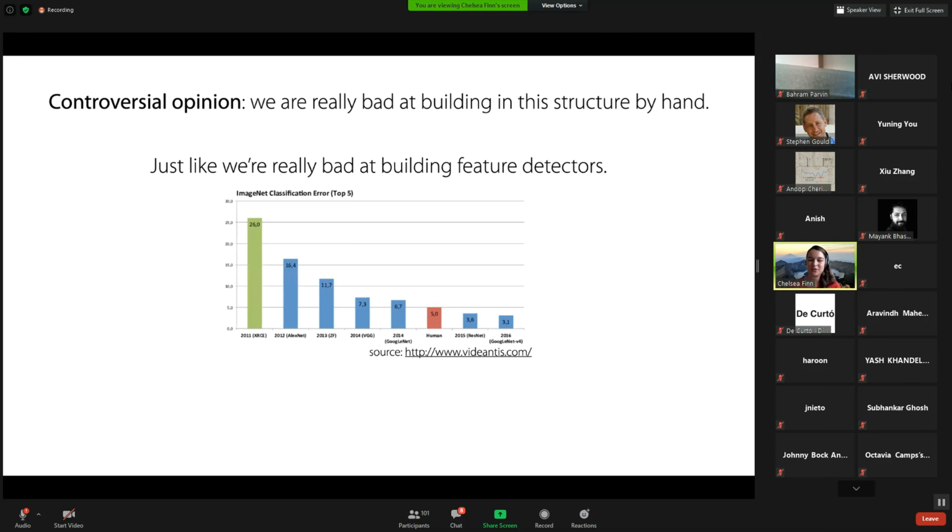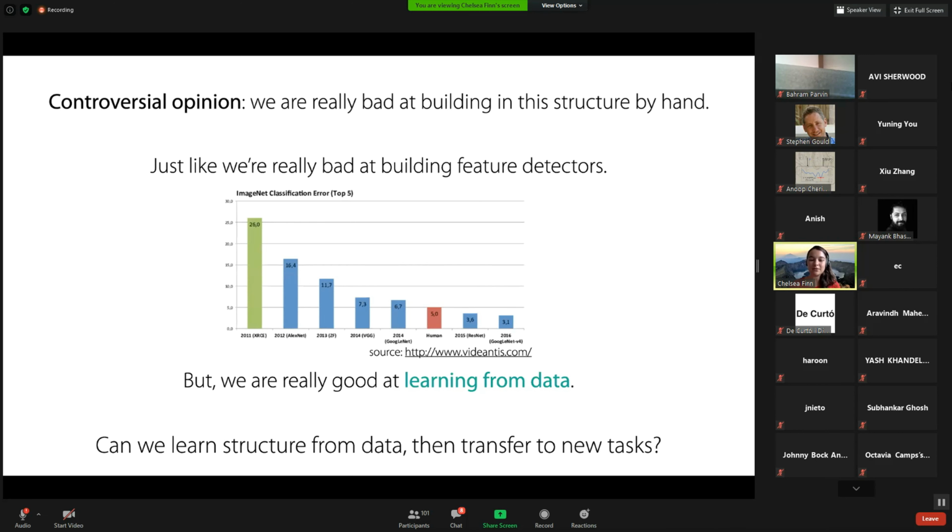And we've seen this with the history of computer vision, when the performance on ImageNet got substantially better after the introduction of deep neural networks. So while we're really bad at building feature detectors and building in structure, we are really good at learning from data. And so the motivation behind meta-learning is, can we learn structure from data and then transfer that structure to new tasks such that we can generalize with very small amounts of data?